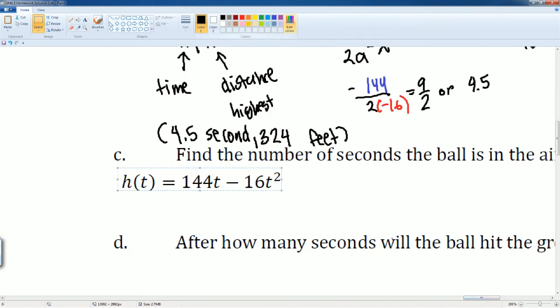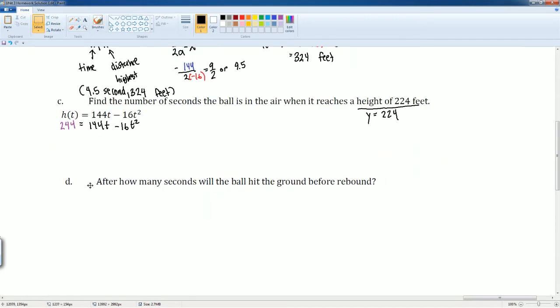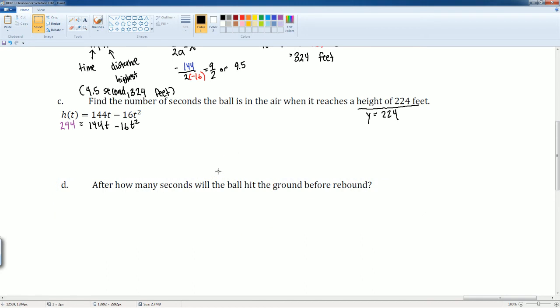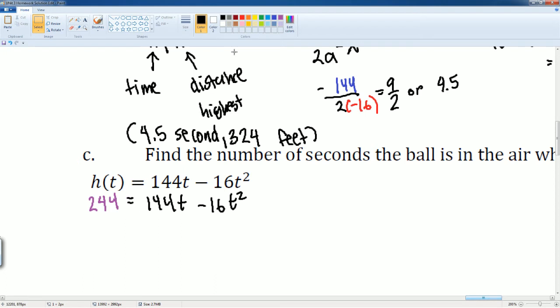So we just set this equal to 224 feet. And this is going to be equal to 144t minus 16t squared. So you're basically solving for the t.